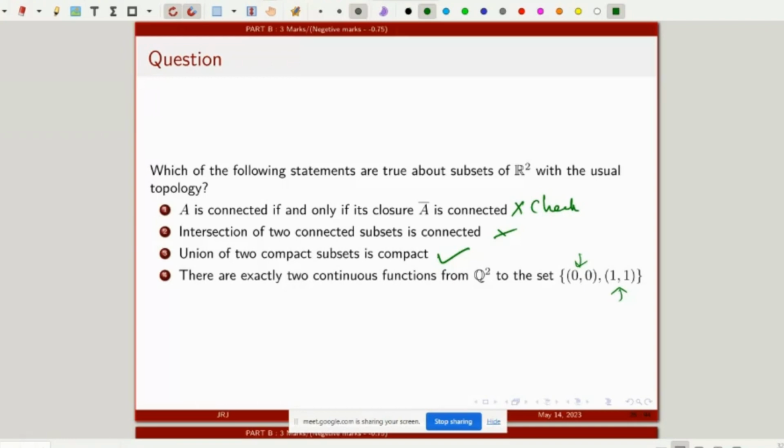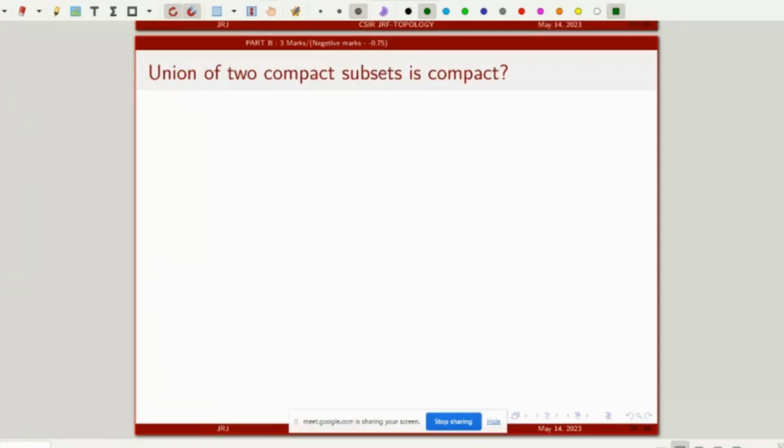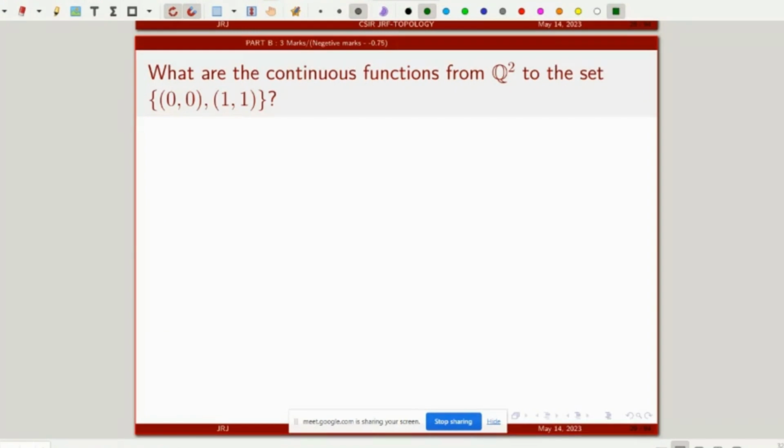Other than these, will there be continuous functions from Q2, that is Q cross Q, to this two-point set? It is not possible, because if we take any other function such that at some point the image is 0 and for some point the image is 1, then since it is continuous, it must attain the in-between points, which are not in the set.